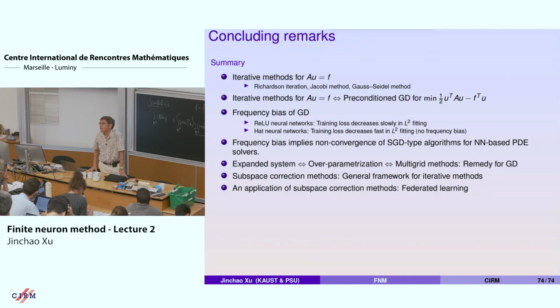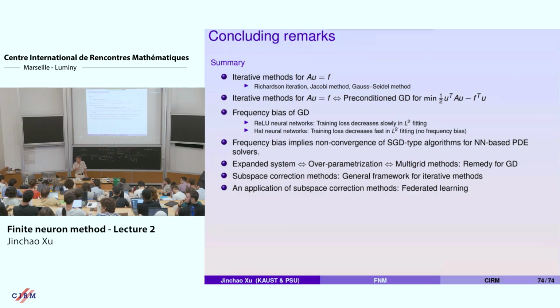In this afternoon's session, I do the L2 fitting, you do a neural network, you see the frequency principle: you capture the low frequency rather easily, you cannot capture the high frequency easily. The answer is that you do the minimization problem in this case. I also do the minimization problem for the linear case. In that case, it's quadratic, which is convex. In this case, it's a non-convex, non-linear problem. The answer is that you have the same phenomena: the low frequency converges relatively fast, and the high frequency is hopeless.